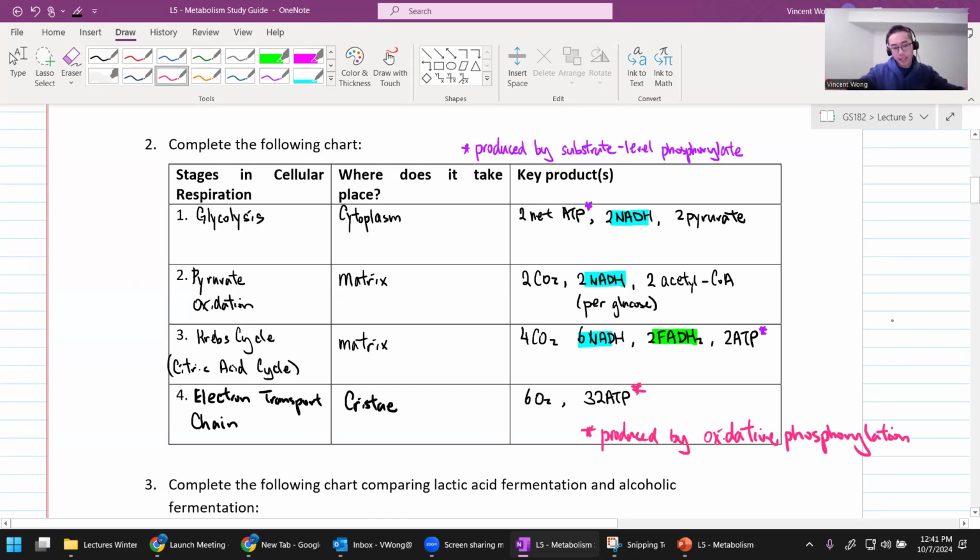I just told you that this is the main way of producing a majority of the ATP. I think at the time I told you it's going to take like half an hour to explain, and that's what we're going to do right now. But here is the summary of everything that we've learned last class. Does anybody have any question before we proceed?